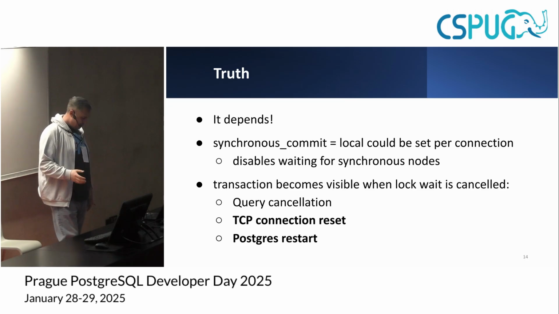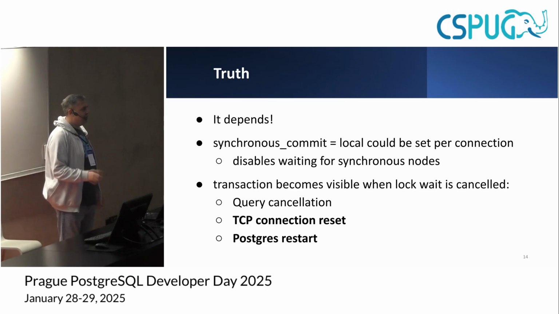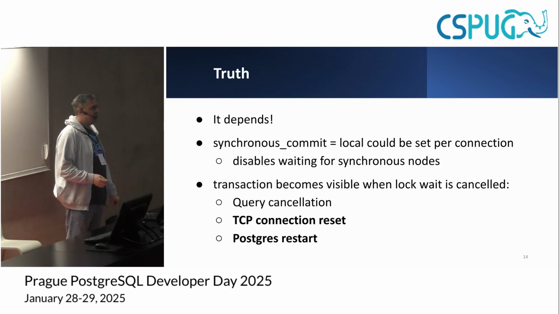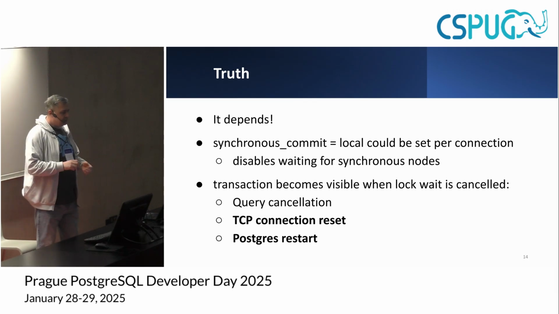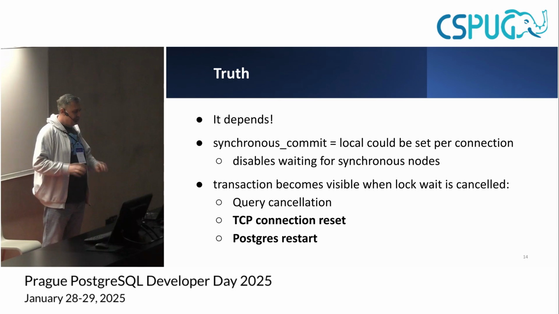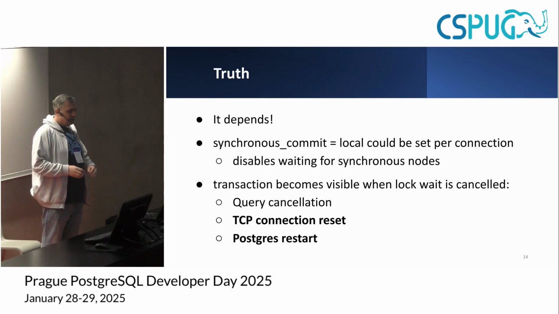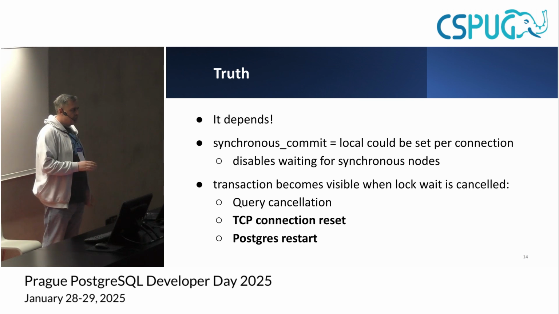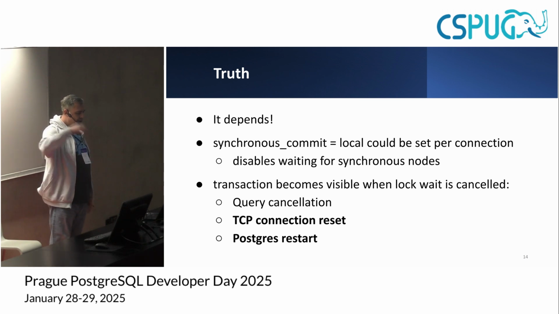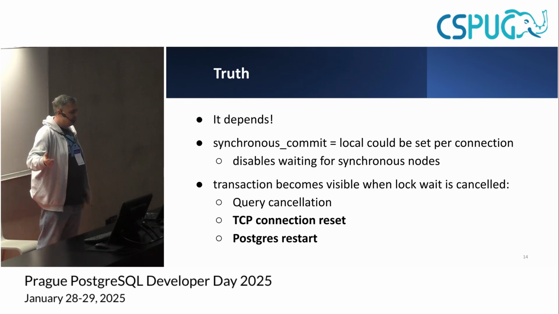The application may change the synchronous_commit setting per connection. It's maybe not a bad thing per se, but applications can do it. They may say, all right, this transaction for me is not important. I don't want to wait until it is replicated and confirmed by the synchronous standby.